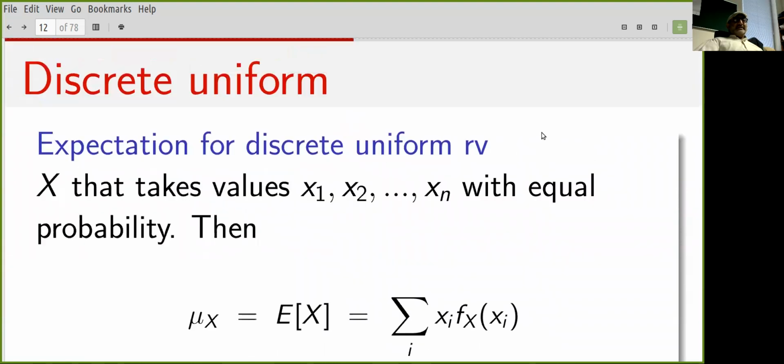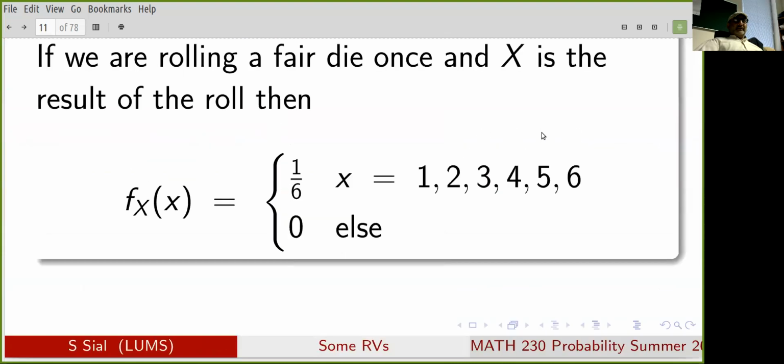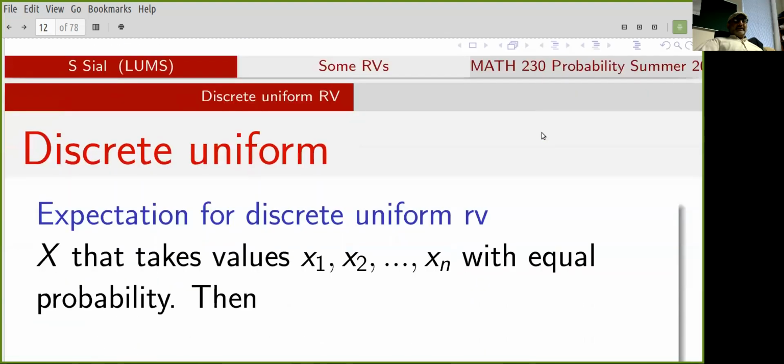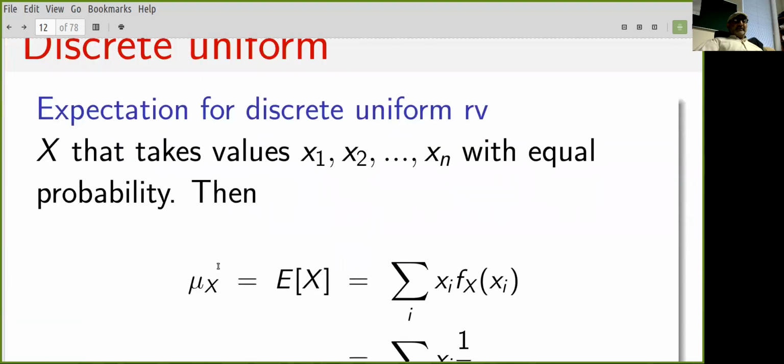What is the expectation for this? Recall that the expectation of this x is the summation over i of xi f of xi. Now the PMF is 1 over n.